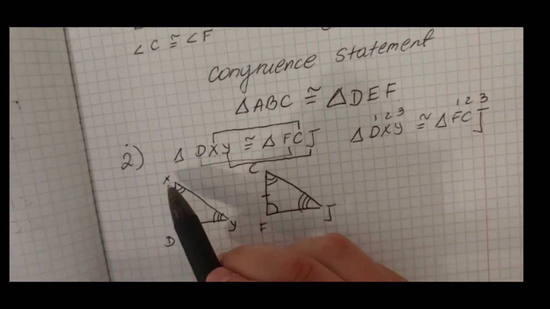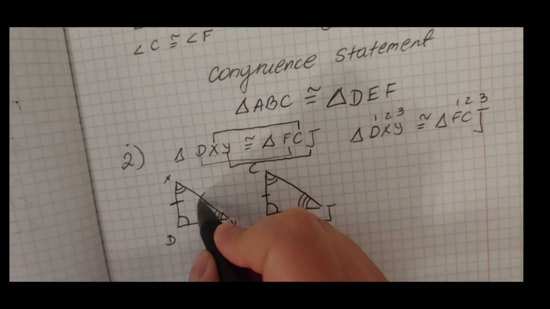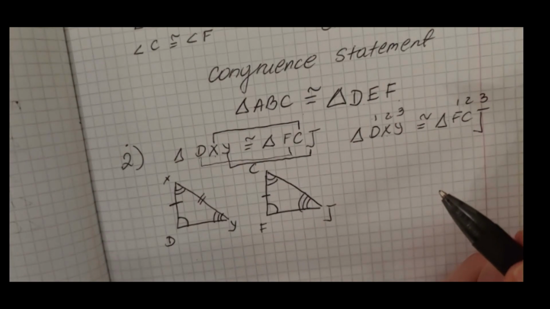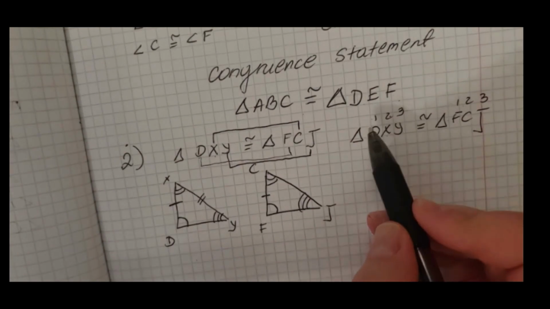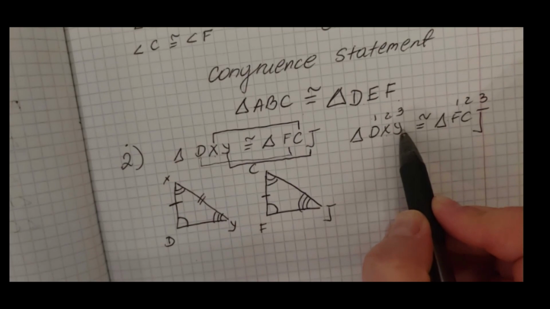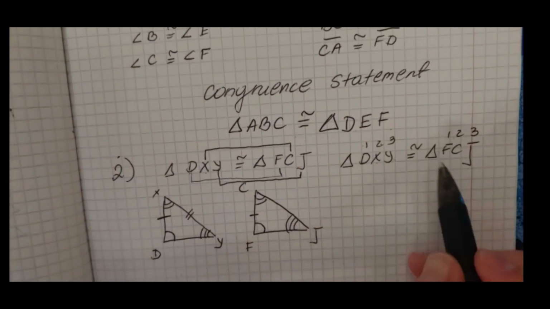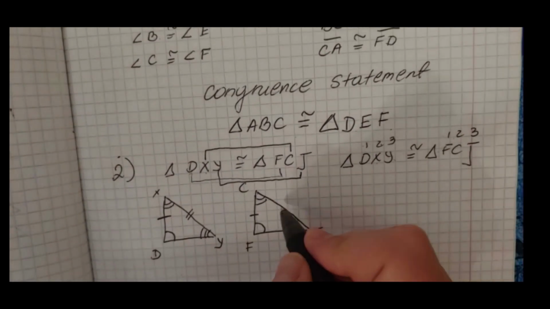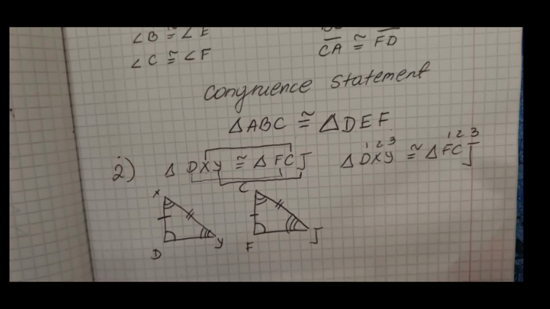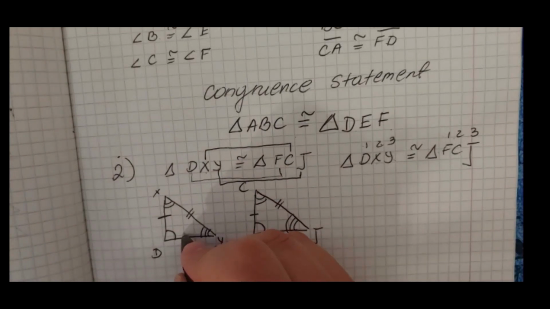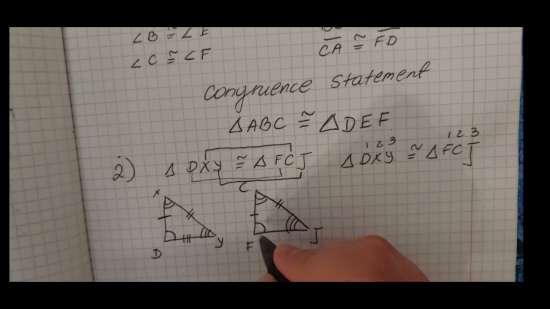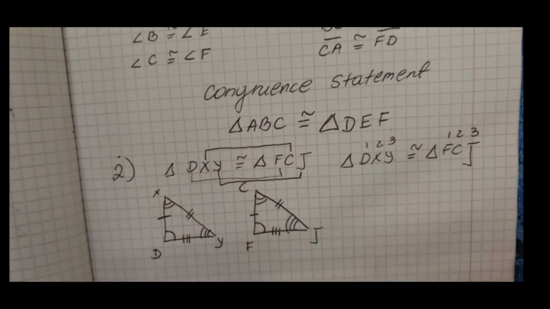Now the second side is XY, so let's mark two thick marks there. That is 2 and 3, so I have to find 2 and 3, which is CJ. And then the last side, I don't even have to look at anything because that's the only one left. That's how I would mark it.